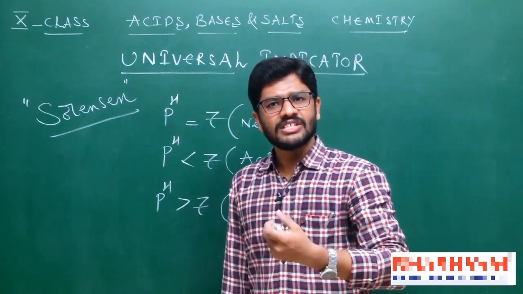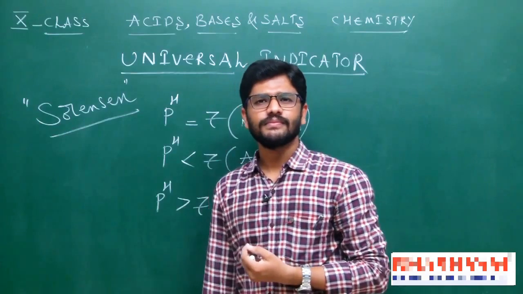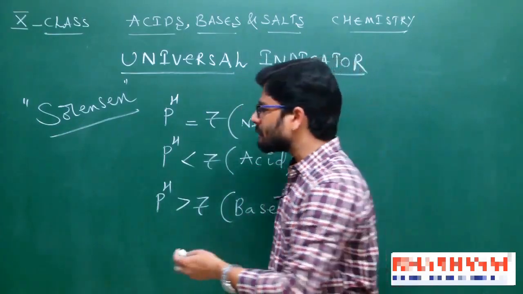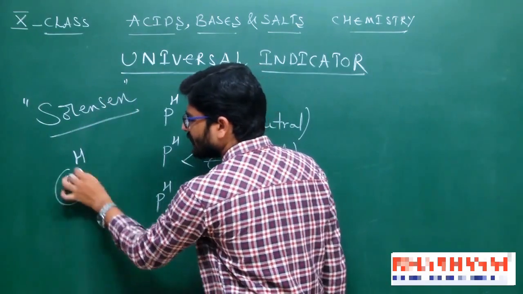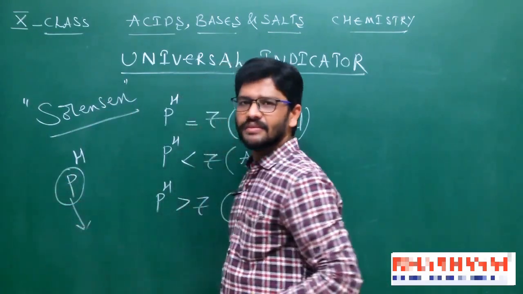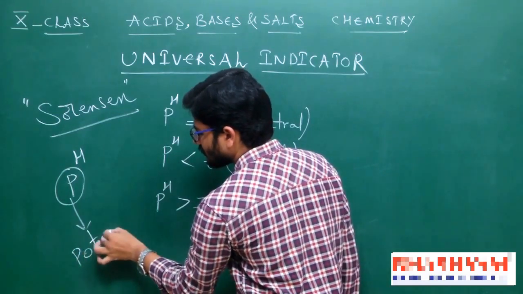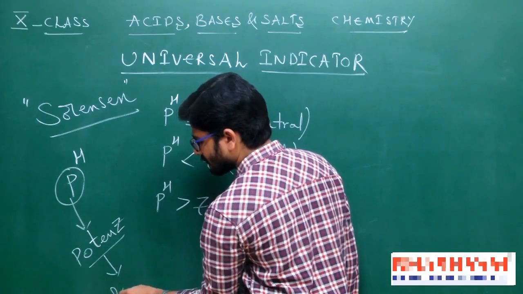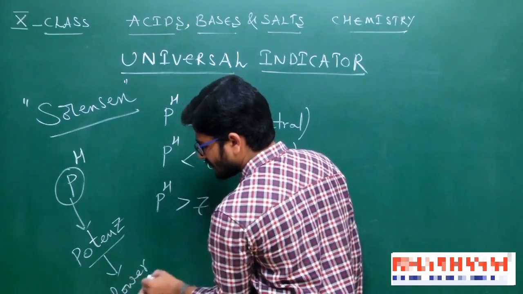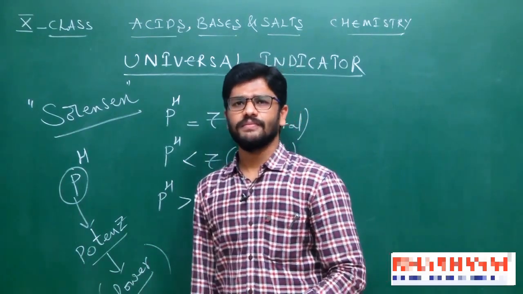In pH, P means potenz. Potenz is nothing but power, that is, the power of H plus ions.